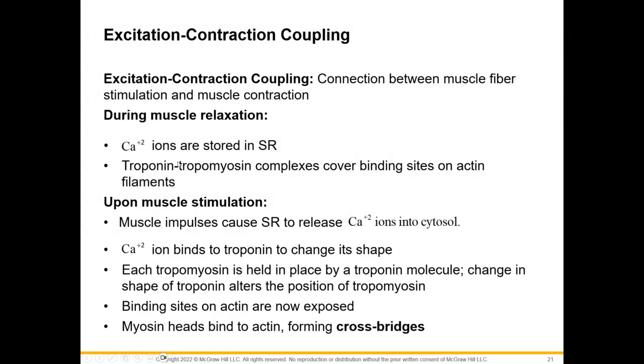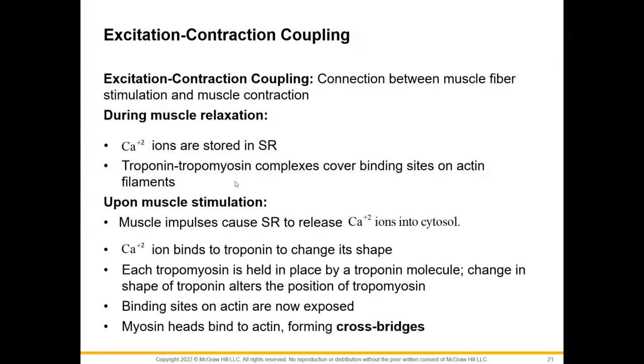So normally during muscle relaxation, calcium ions are stored in the sarcoplasmic reticulum. And troponin and tropomyosin, which are particular kinds of molecules that cover the thick and thin filaments, complex to cover the binding sites on the actin filaments.